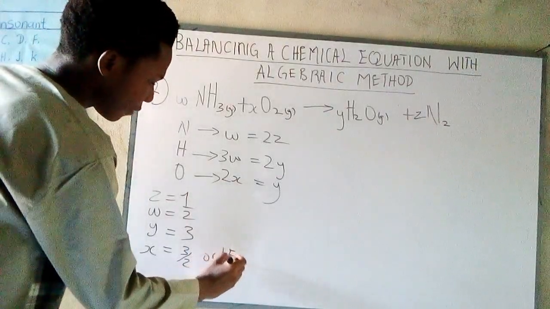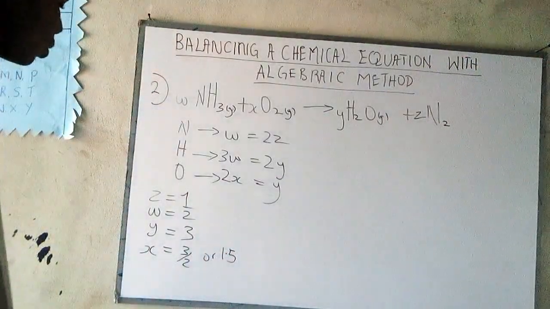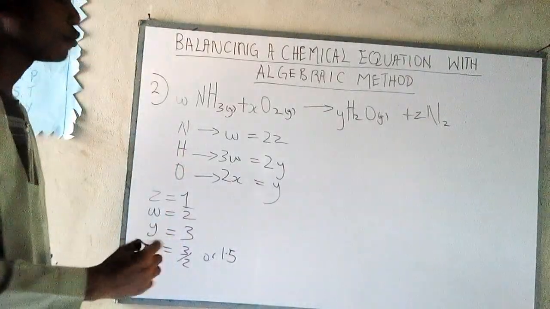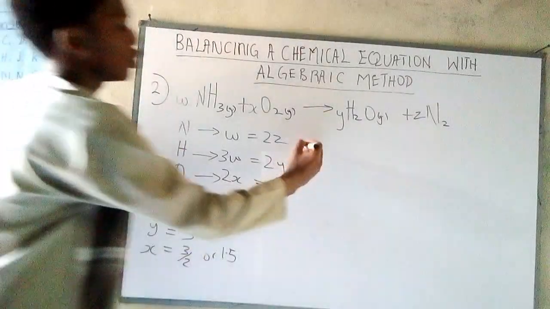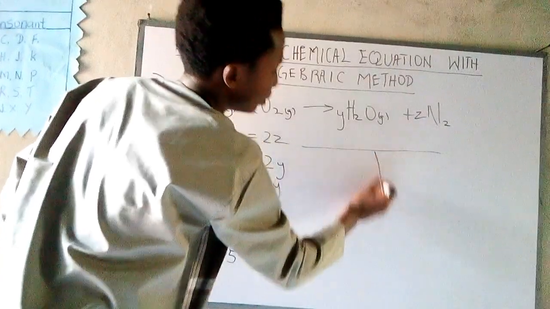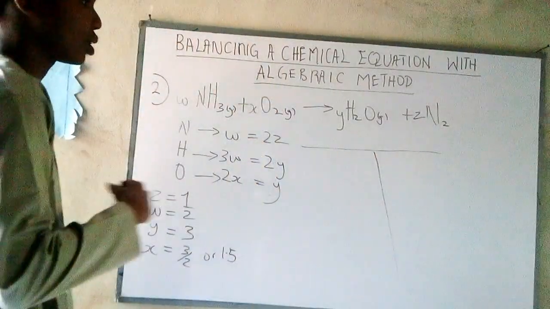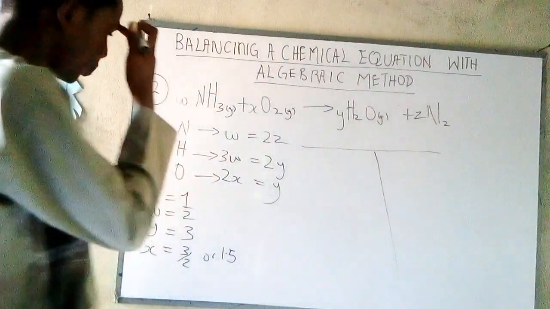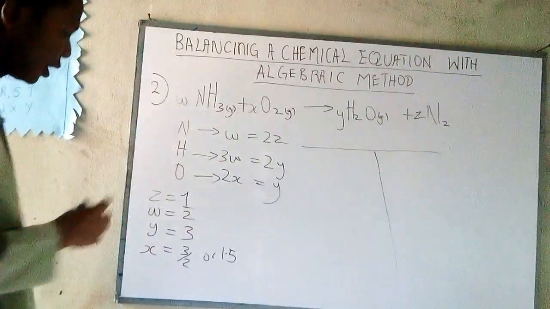Note that. Now to check that we have gotten the right value, we have to do what we did before. We draw a table demarcating the reactant from the product. So now let's put in our coefficients.